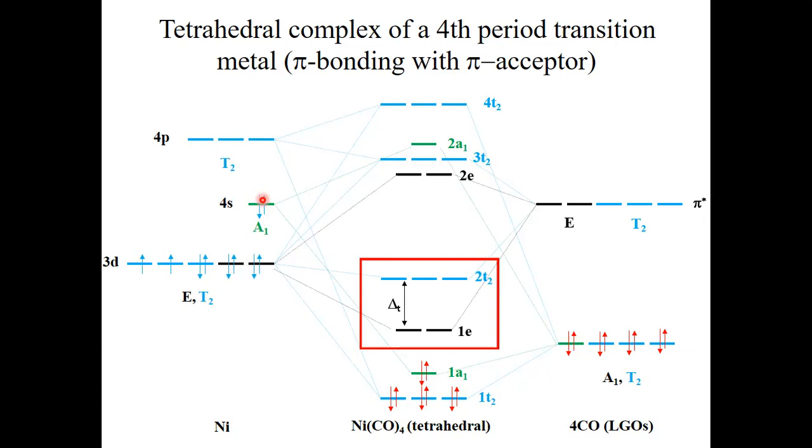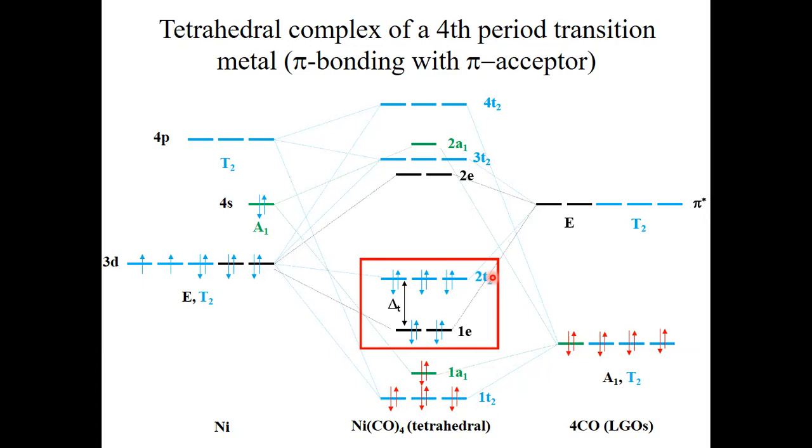So we now have to fill 10 additional electrons into the molecular orbitals. Now this would make the 1e orbitals completely full, as well as the T2 orbitals completely full.